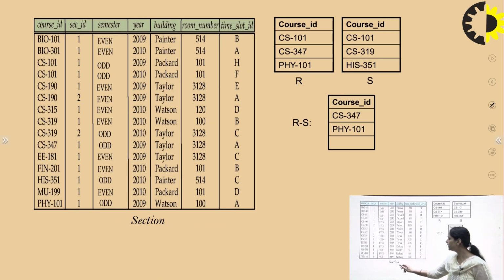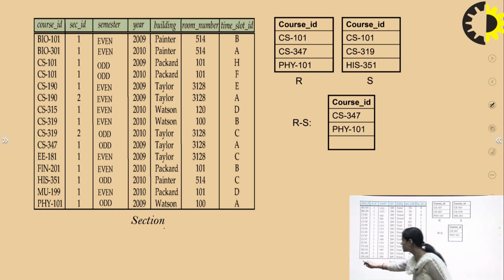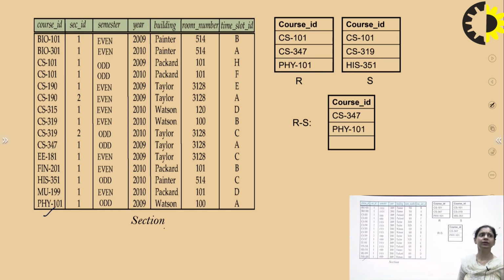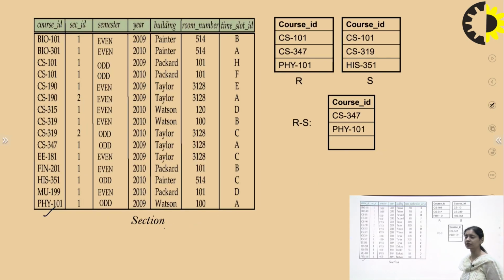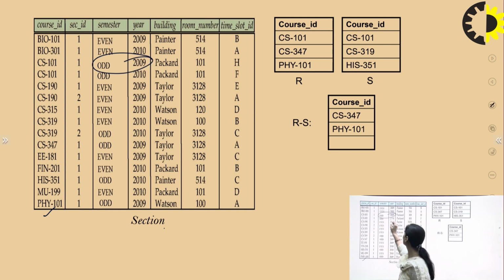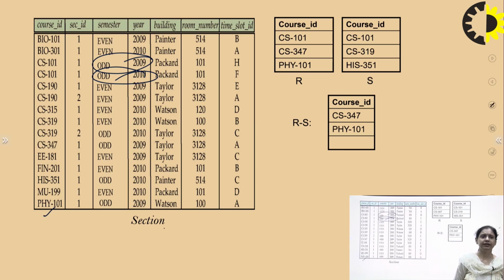So here we have the section. What we need to identify are all those courses that were there in odd semester 2009 but not in odd semester 2010. All those records are to be identified.